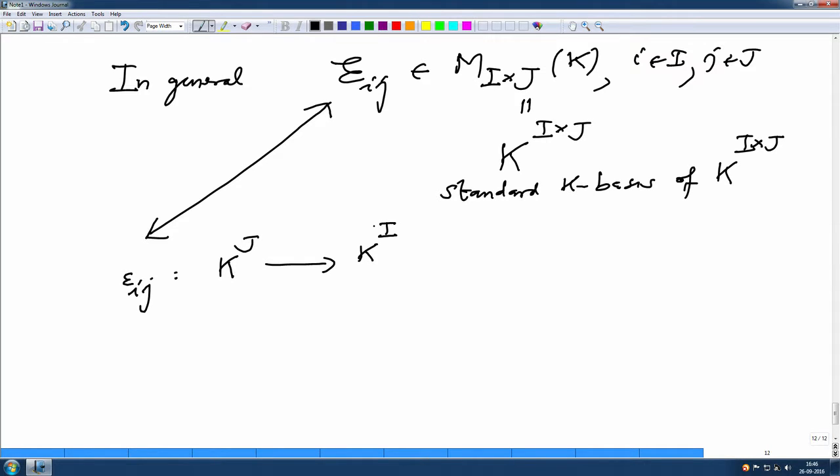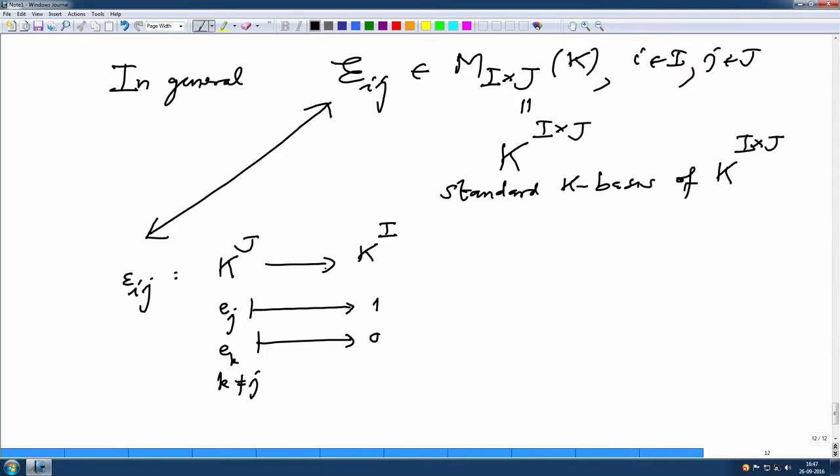I and J are finite sets. If not, you put a round bracket here. Here the standard jth basis vector Ej should go to the 1, and all other guys should go to 0, so Ek goes to 0 for k not equal to j.